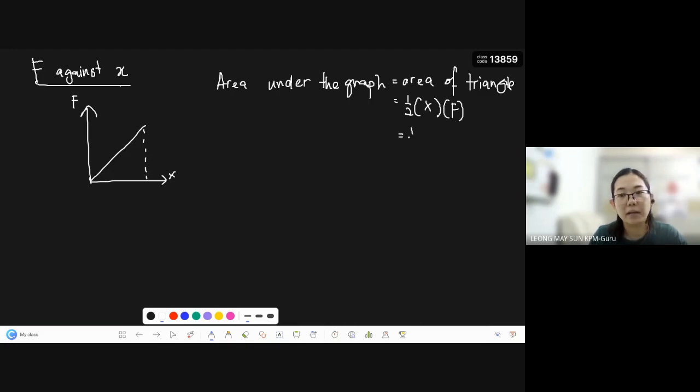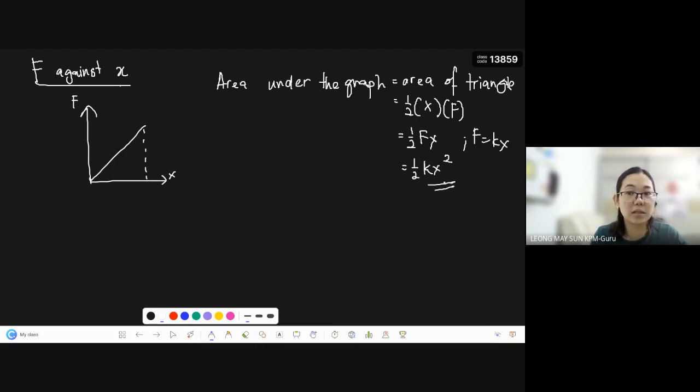So the area under the graph is half of fx. Knowing that Hooke's law is F equals kx, therefore it is 1 over 2 kx squared.